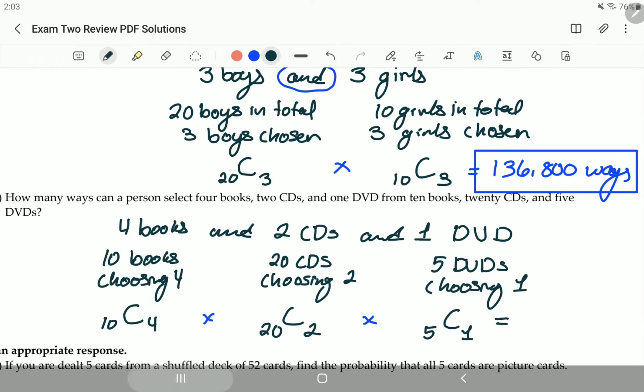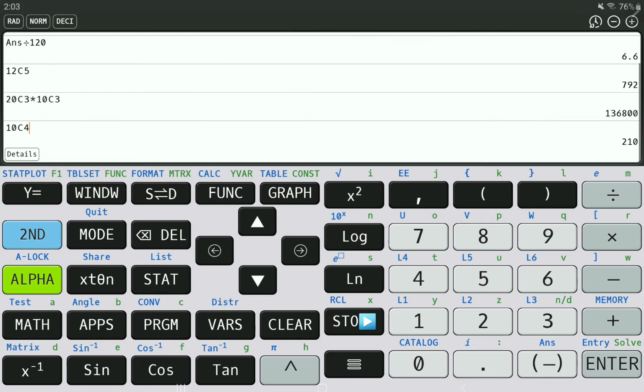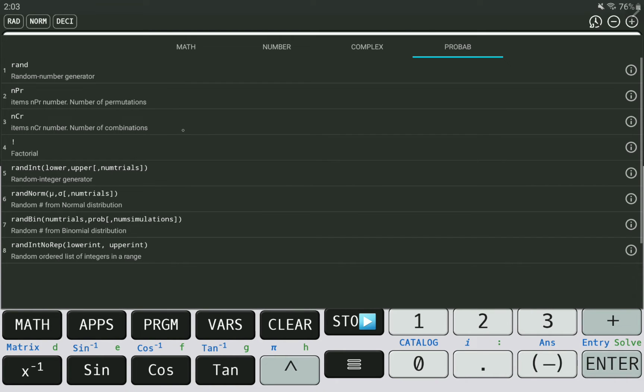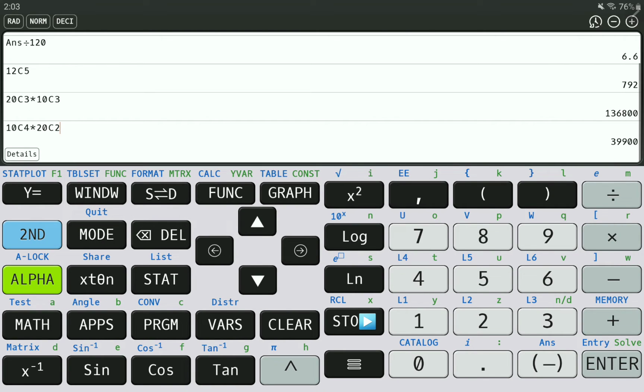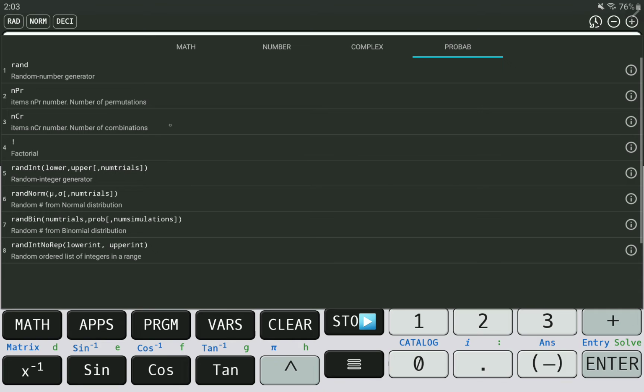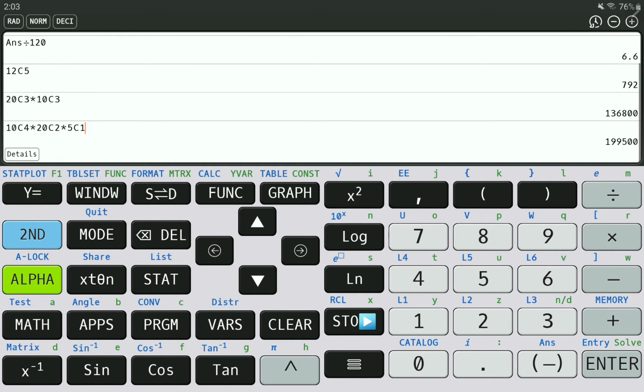Yep, 10 choose 4, times 20 choose 2, times 5 choose 1. There are our results: 199,500 ways.